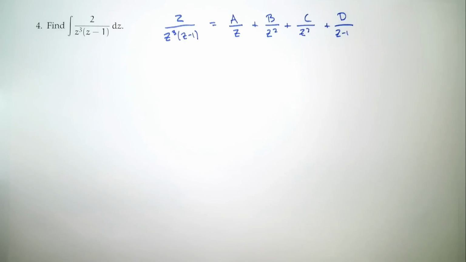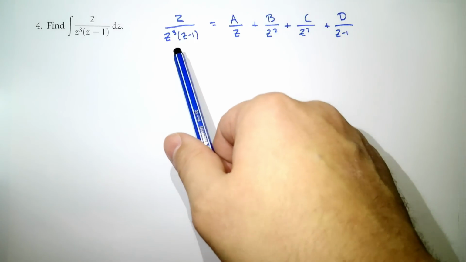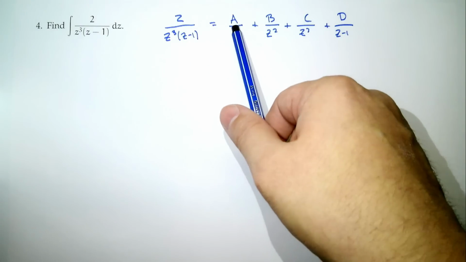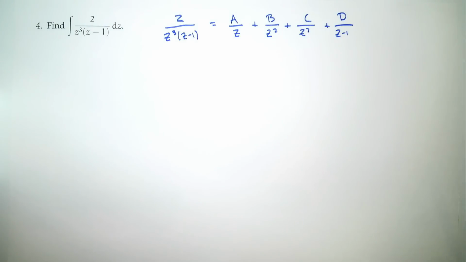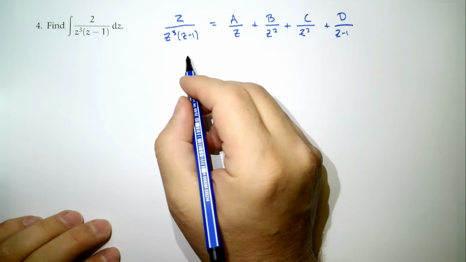Now, you can always check. There's a quick check to make sure at least you're on the right trail to see if you've set it up right. It's a 4th degree polynomial downstairs. There should be 4 numbers I have to solve for upstairs. So whatever the degree is downstairs, that's how many numbers you need to be solving for upstairs. And if they don't match, something's not set up correctly. So be careful. So we clear our denominators.